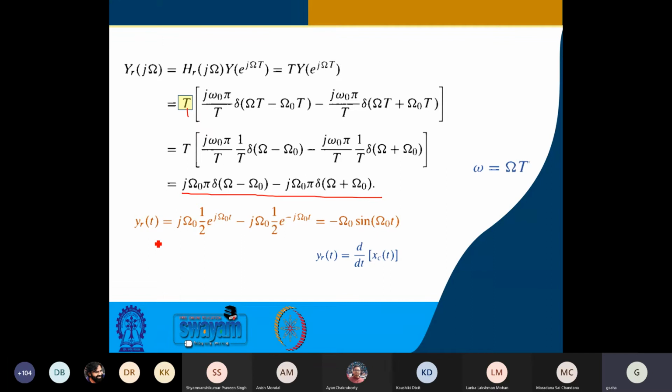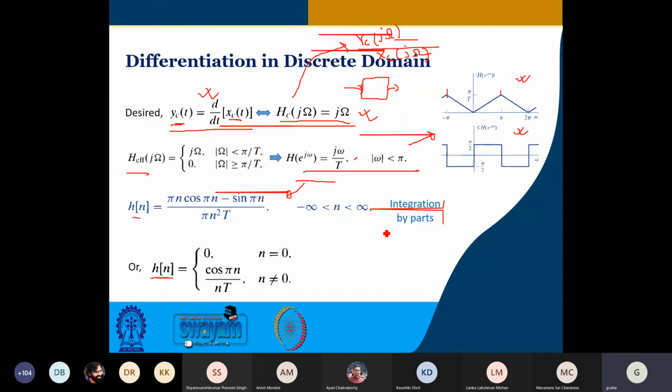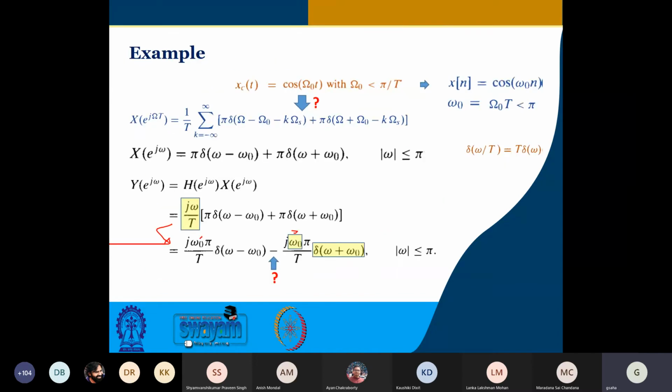If this is the frequency domain representation, the corresponding time domain representation is this. And if you put them together, it is minus capital omega naught, that is the analog frequency, sine omega naught t, capital omega naught t. So this is what you wanted to have, and this is the example that we have taken up.